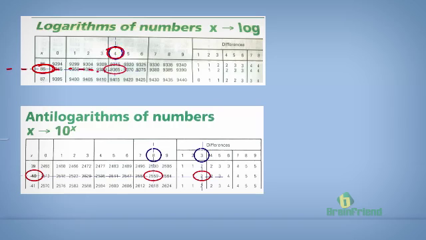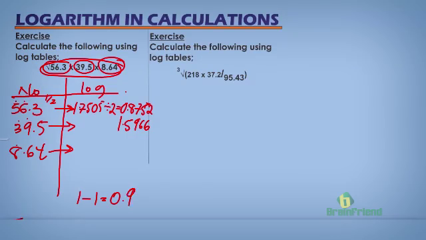Next, we find the third digit of our number string from our column and trace it down to intercept our row to meet at this point where we have a value 9365. So we have our logarithm as 0.9365. Let's put this into our table.